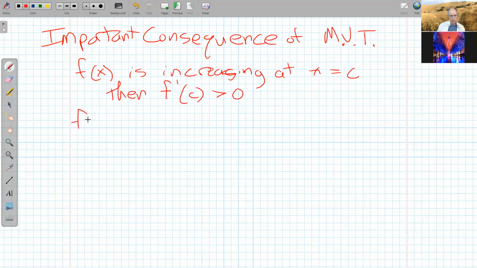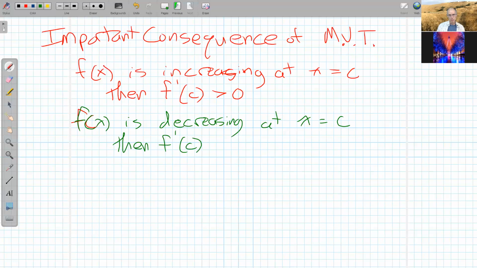And then if f of x is decreasing, then f prime of c is going to be less than 0, right? So decreasing, we get a negative slope. And we're connecting it to the derivative function. And if it's increasing, we get this positive slope.